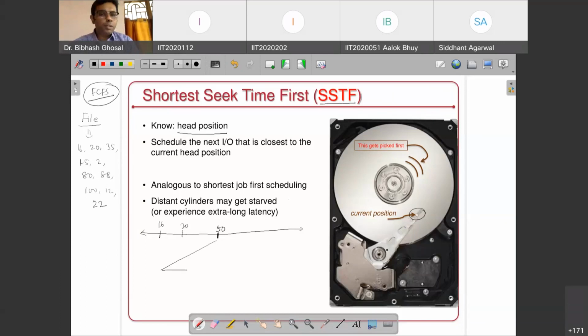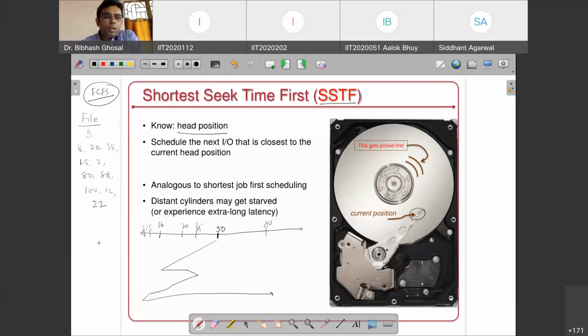Then from 20 you will go to 35. From 35 you will come to 15. From 15 you will go to 2. From 2 you will go to 80. That's first come first served. So what is the problem with this? The problem is too many disk movements.